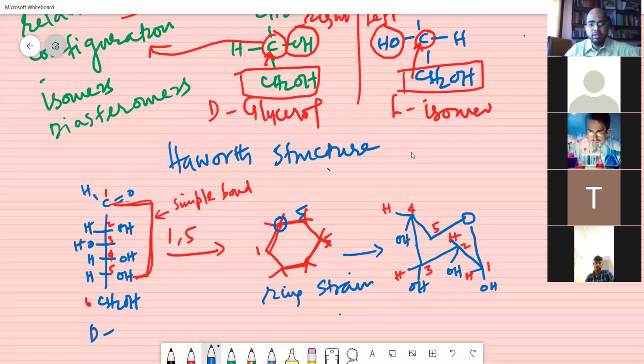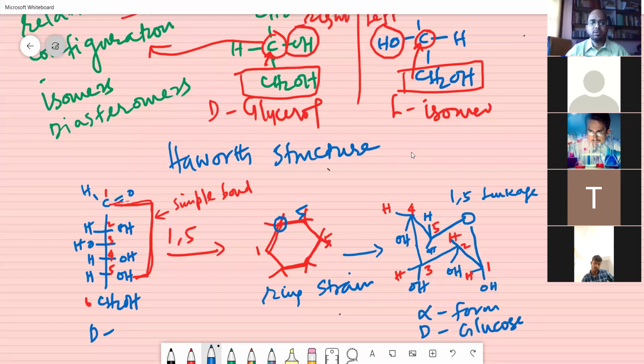Here also you will have one H and OH. The fifth carbon atom is linked by this OH, which goes 1, 2, 3, 4. This OH goes and links with this, and this is called the 1,5 linkage. If there is a 1,5 linkage, what do you get? Alpha form. D glucose alpha form.